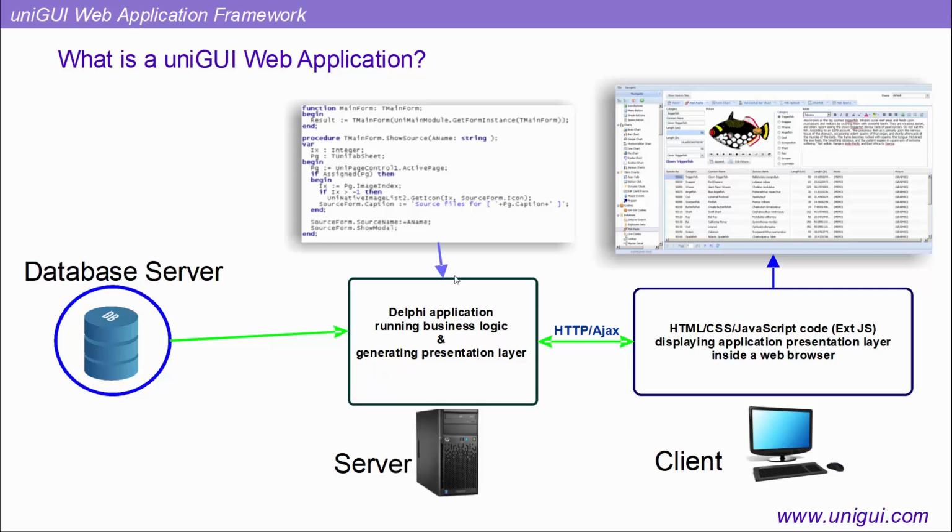On your client, you have a web browser, which will display your application's user interface using standard technologies such as HTML, CSS, and JavaScript. And here we are using a very advanced library named Sencha Ext JS. In one of the next sections, we are going to cover this library in more detail.